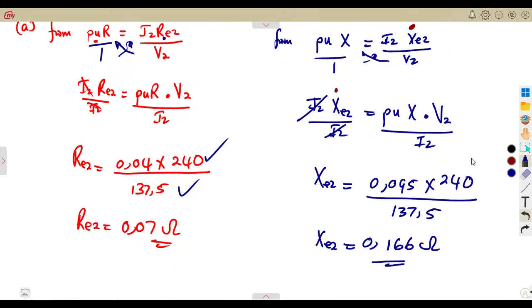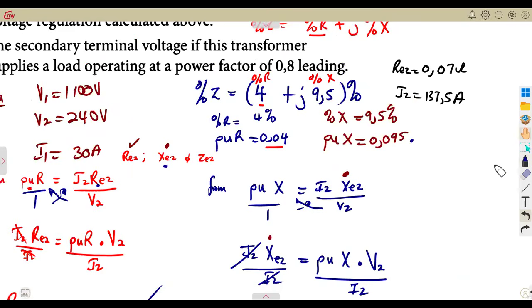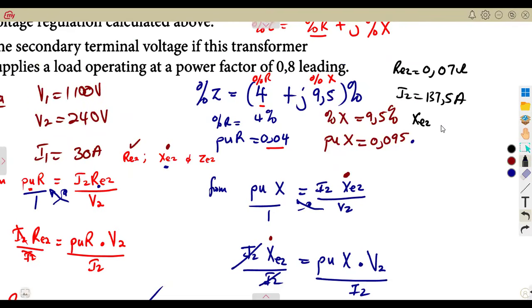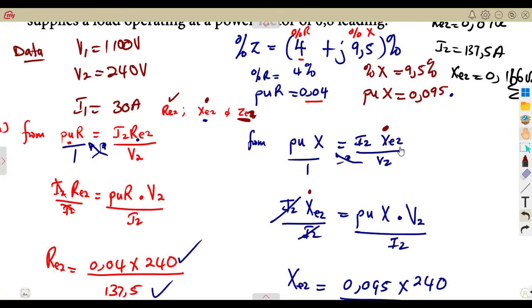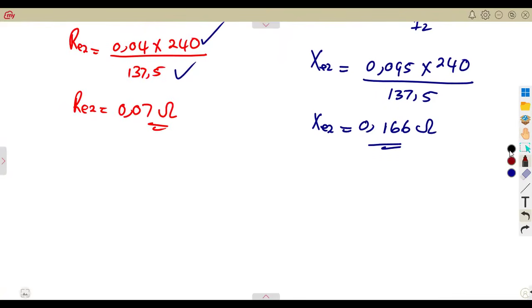So that's the condition. We have got this, so let's just write it aside: 0.166 ohms. Then they also need you to calculate the equivalent impedance as referred to the secondary side. I talked about this in the introduction: to deal with the equivalent impedance, you can use two formulas, the direct formula where you consider the square root of RE2 squared plus XE2 squared.